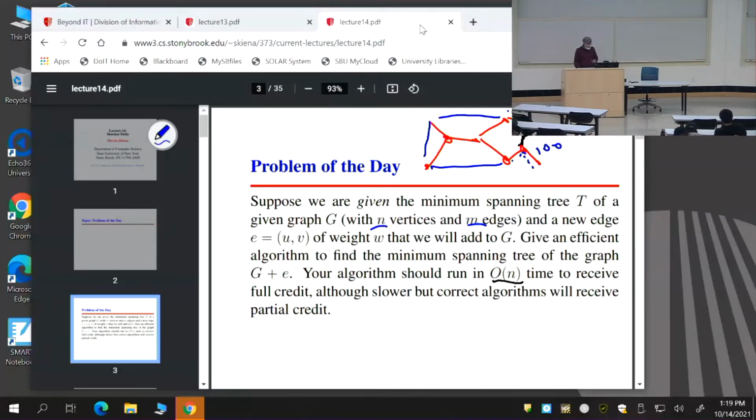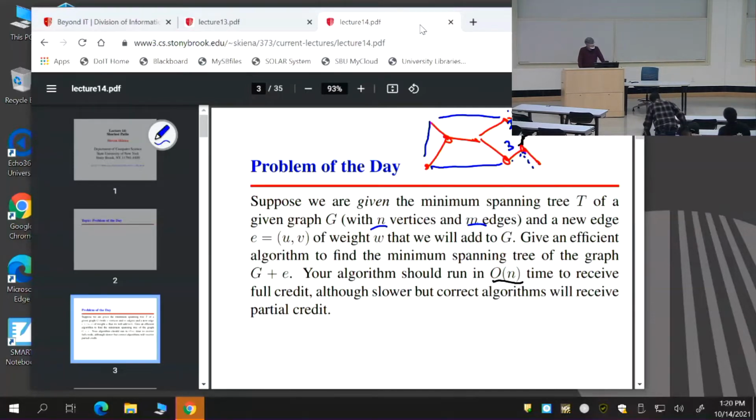Now let's say I don't consider it. Suppose the weight of this one was 3. And the weight of that one was 2. Is it clear that that edge 6, the black edge, can I delete that now?